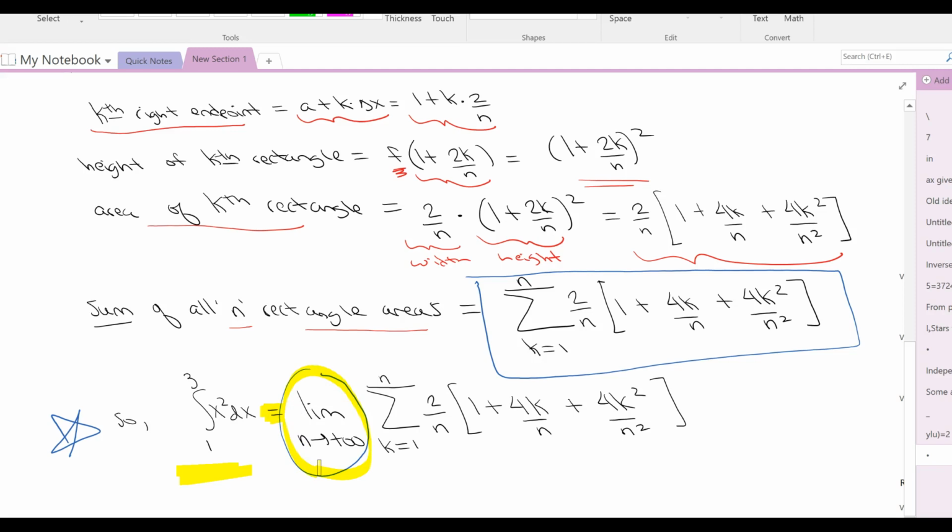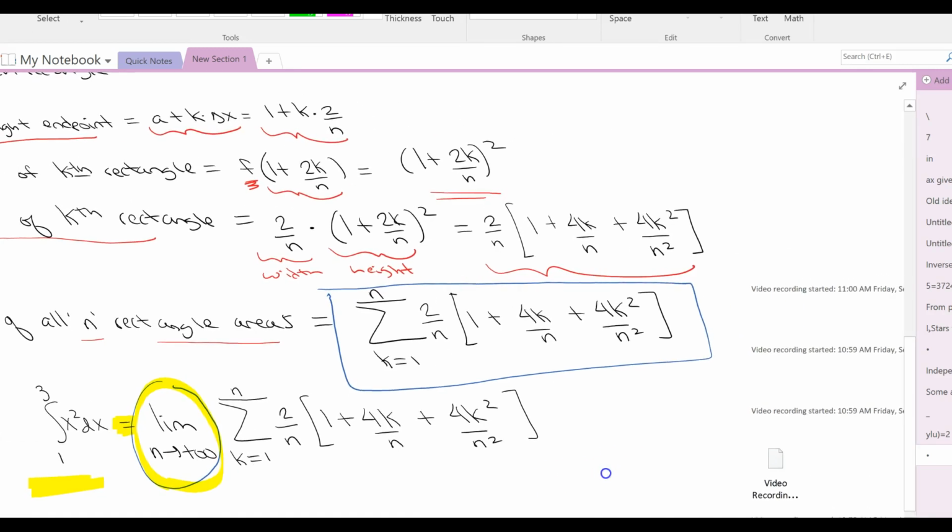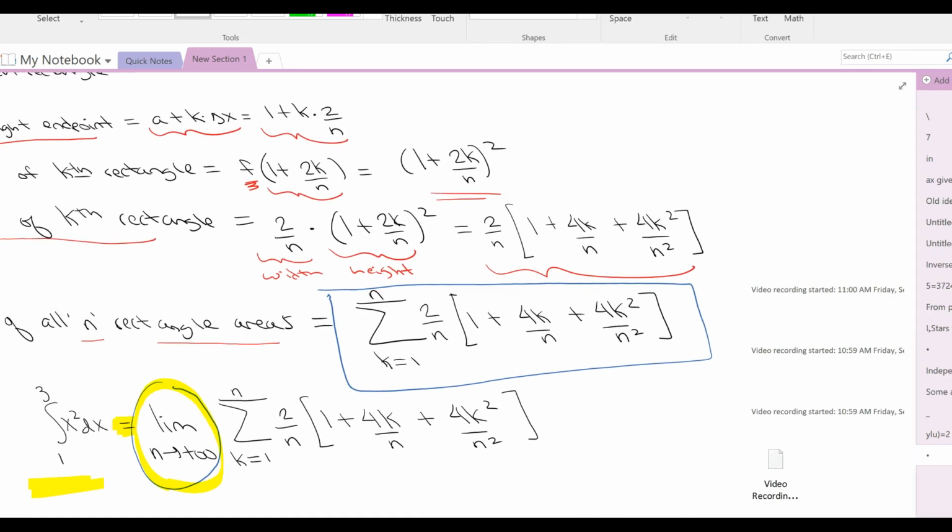Once we involve the limit as n approaches positive infinity, we can say that it does in fact equal the definite integral. If I had wanted to generate a relationship with the definite integral from this step, I would say this is approximately equal to the definite integral from 1 to 3 of x squared dx, because there is no limit here. There's no limit right beforehand, right?